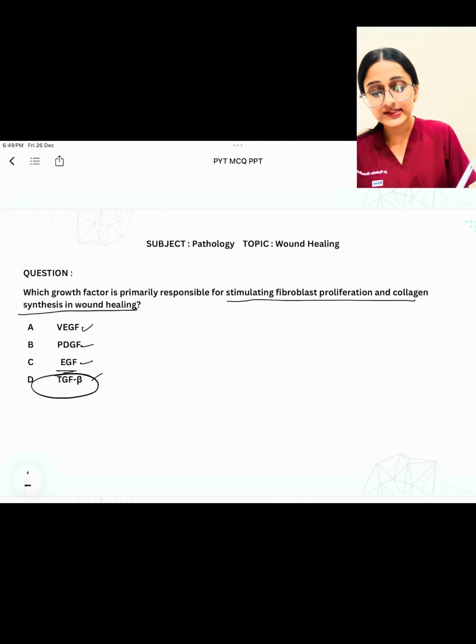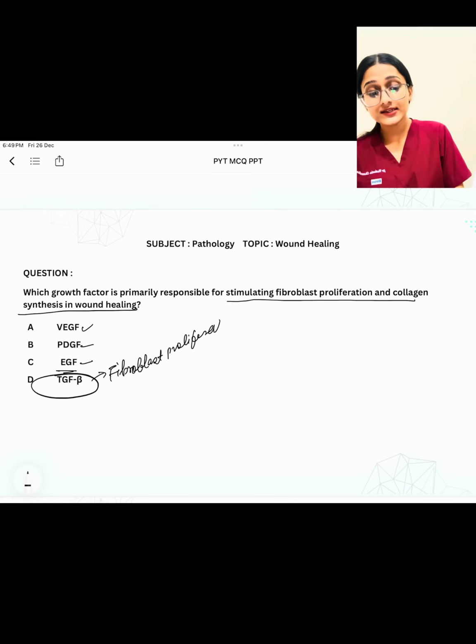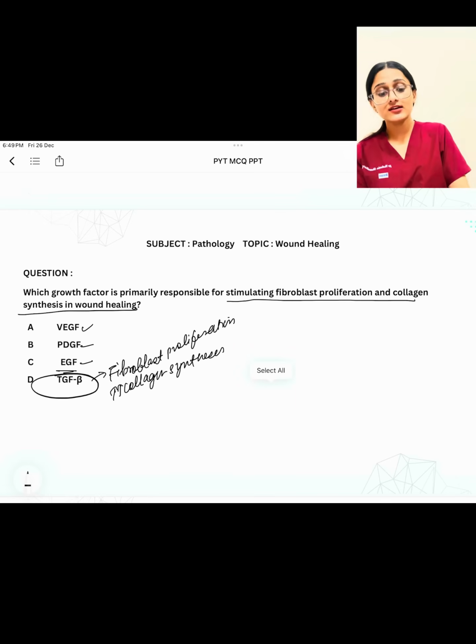See, TGF beta helps in wound healing by fibroblast proliferation. It increases collagen synthesis, and basically which collagen? Type 1, type 1 more than type 2.